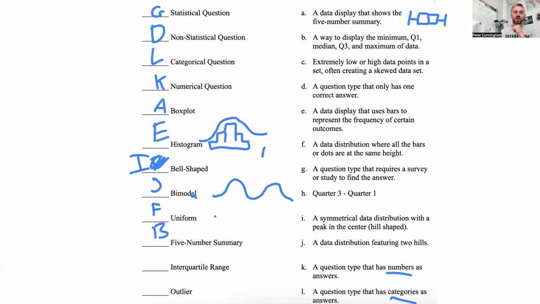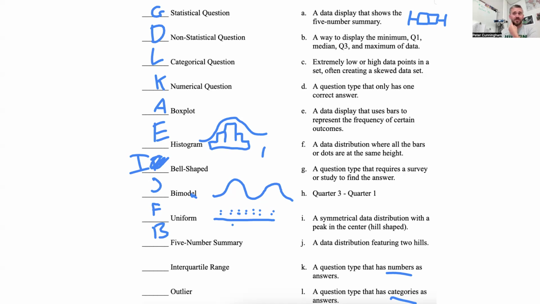Uniform, just think if you were in a school where people wore a uniform, then all the people would have the same outfit on, just like data that is flat across all data points. So it looks like this on a dot plot when there's the exact same amount of dots everywhere.